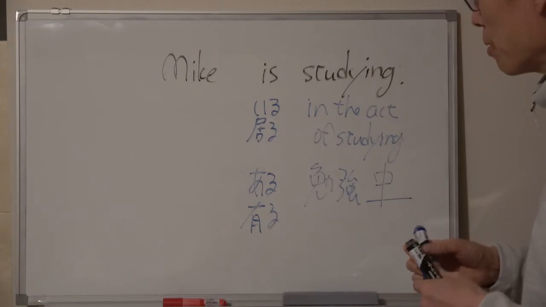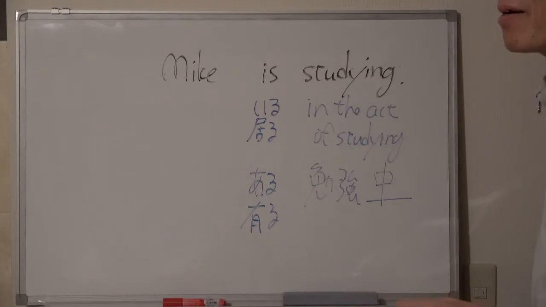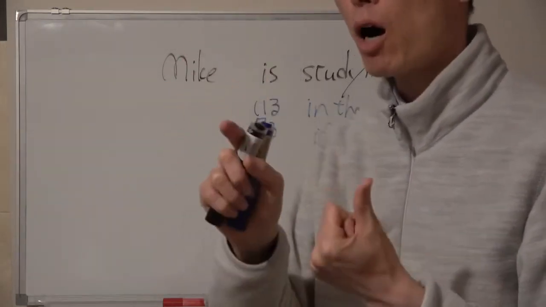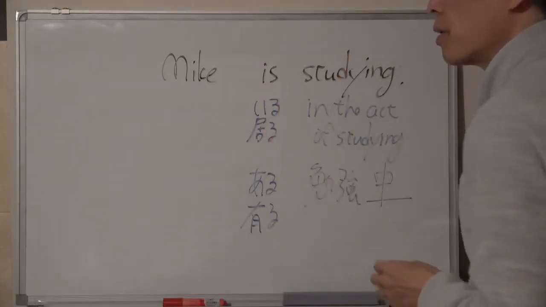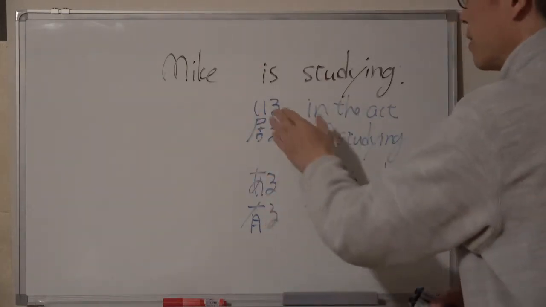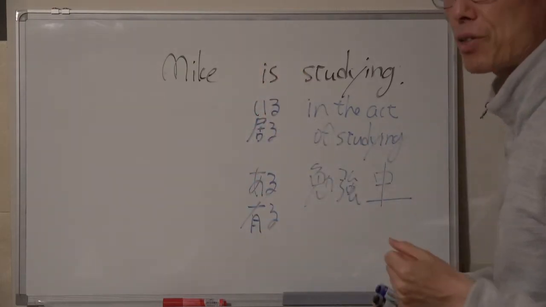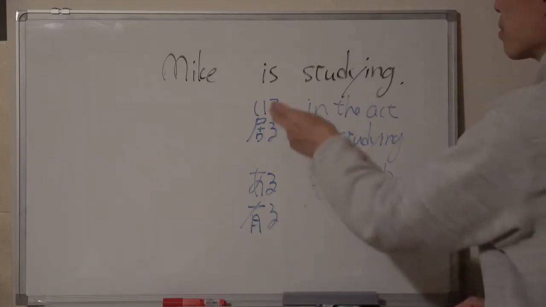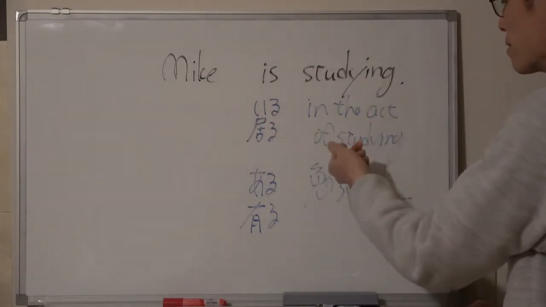Okay? So, exist 存在ですね。So, whenever you use be, is, am, are, was, were, whenever you use a be verb, you always mean something or someone exists. 常に be 動詞の意味は存在なんですね。必ず、絶対に存在。Now, so Mike is studying means Mike is in the act of studying.